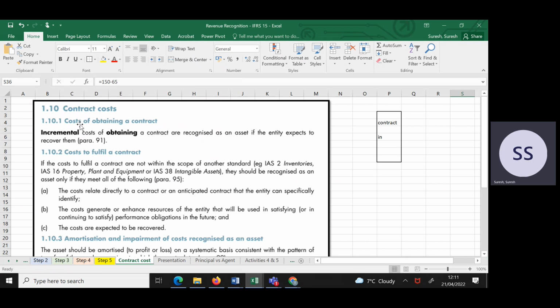If the amortization period is less than 1 year, we are expected to treat that as an expense rather than an asset, because the amortization period is less than 1 year. And the next, the impairment cost: carrying amount versus the expected considerations less any unrecognized direct contract cost, right?